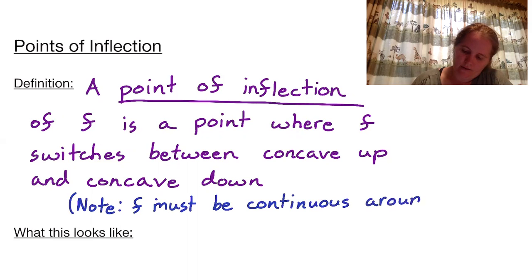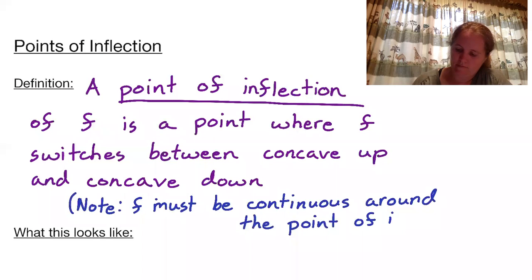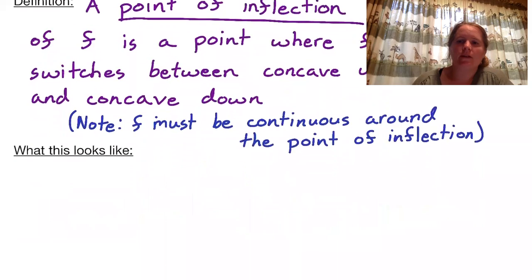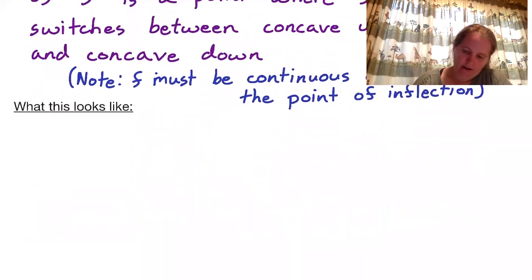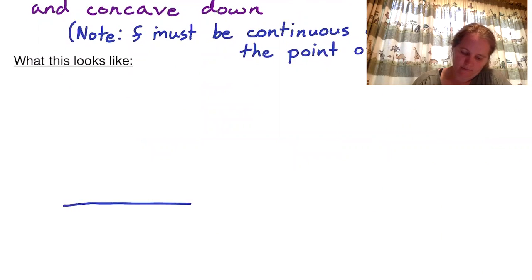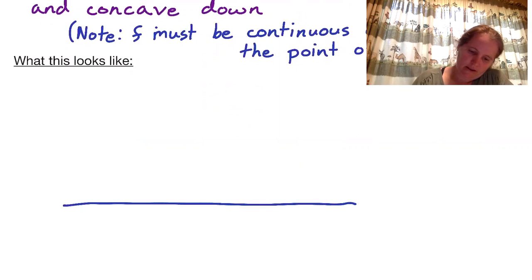So around the point of inflection, what we're looking at is we have a graph. And maybe our point of inflection is going to occur here at x equals c.